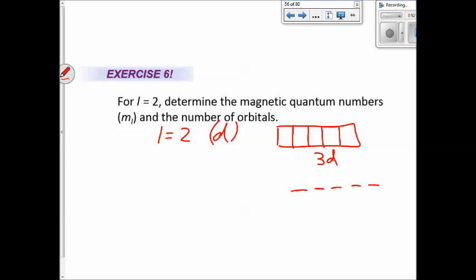Some people draw them with the lines like that. So if you're in L equals 2, you're in a D. A D has 5 boxes or 5 lines, so you're going to have 5 orbitals. But remember, 4 of them were like those cloverleaf shapes, and one had the weird donut-looking thing. Okay? So that would be what she would put there for a question like that. Okay?